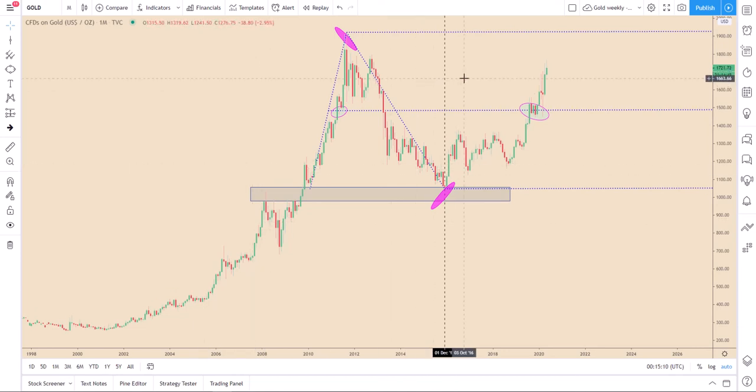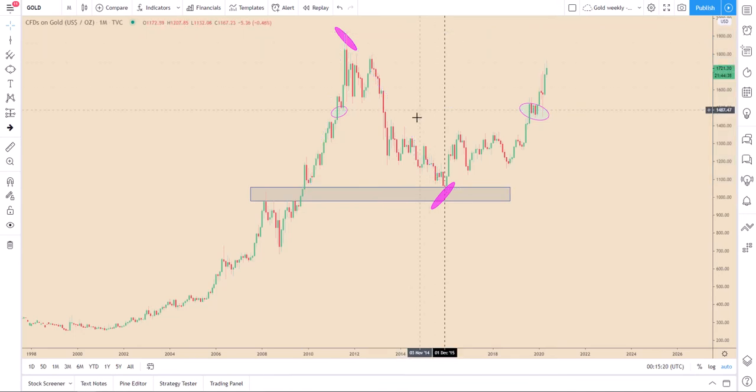I noticed something as I was reviewing this video in preparation of publishing it. And so let me clean up this chart a little bit and then I will show you what I saw. And I think that it will become obvious to you.